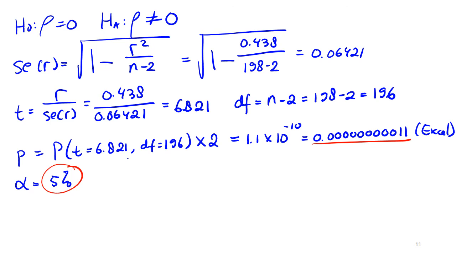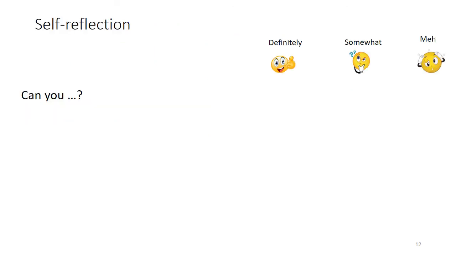Hence, we have sufficient evidence to reject the null hypothesis. We can conclude that the height of students and their dads has a significant positive correlation of 0.438 at the 5% significance level. Now, can you do this?